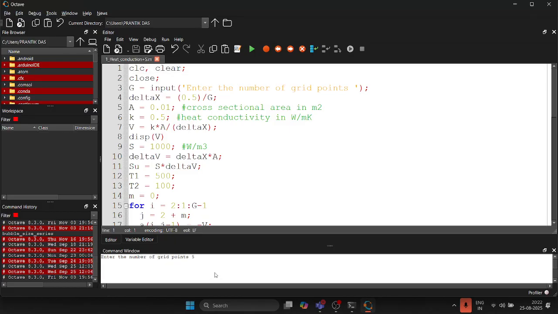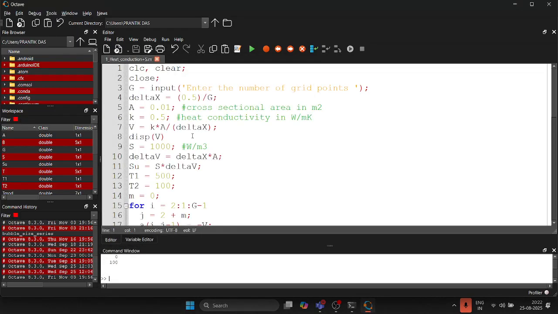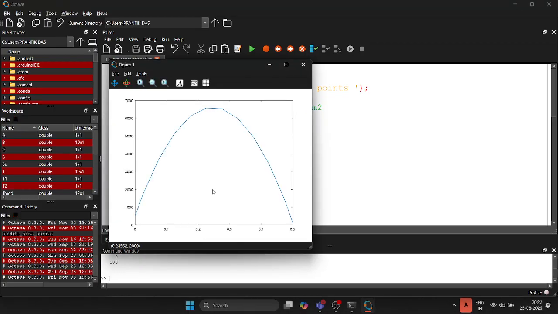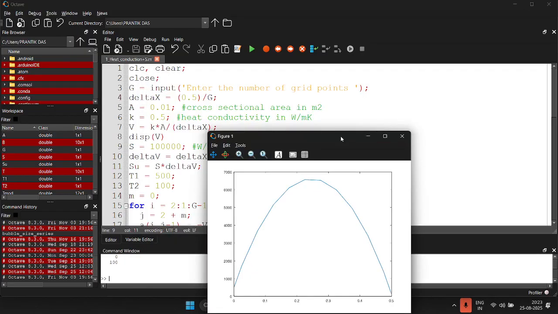Let us take it to be like 5. So now it becomes a parabolic one, but the heat source itself is low, so I can make it higher. Now you can see with a much higher heat source, this one is TA, this one is TB, and this one is the temperature at the interior of the rod itself, the part that we have considered in our case. Is it clear to both of you?